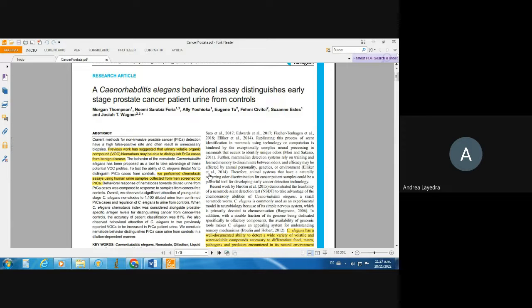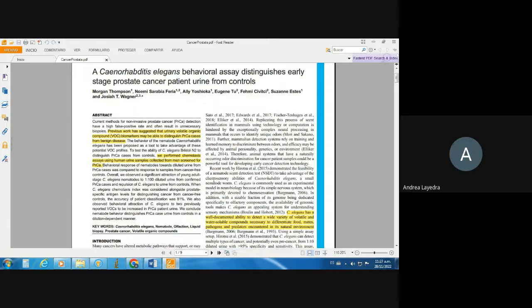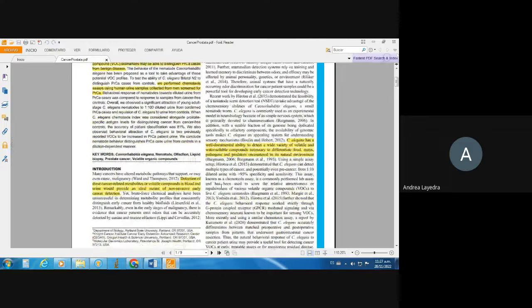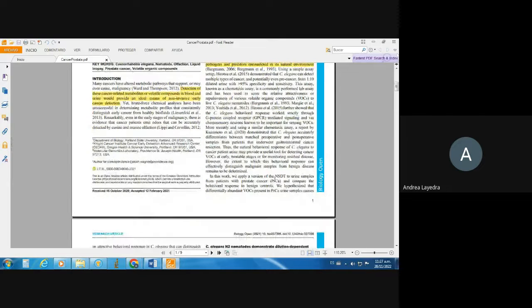So, using a simple assay setup, previous assays have shown that C. elegans can detect multiple types of cancer. In this work, they apply a chemotactic assay to urine samples from patients with prostate cancer and compare the behavioral response to benign controls.